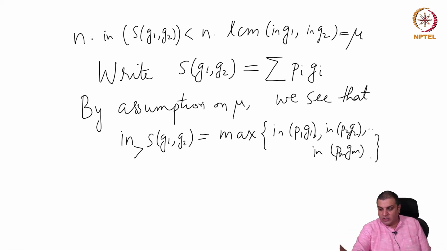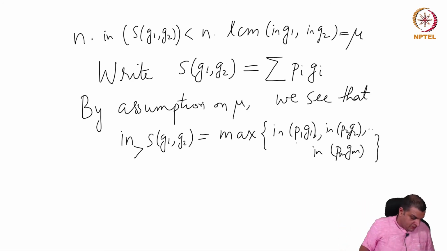If this were not the max, then this expression would also satisfy the condition which was used to pick out mu, but then the initial term of this is strictly less than mu. That would have contradicted the choice of mu. So one can choose with this property.